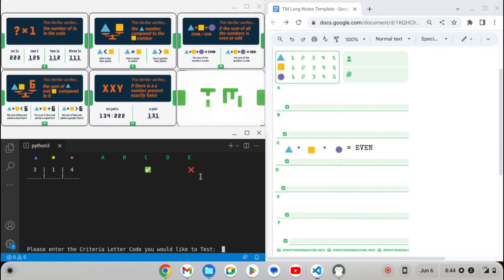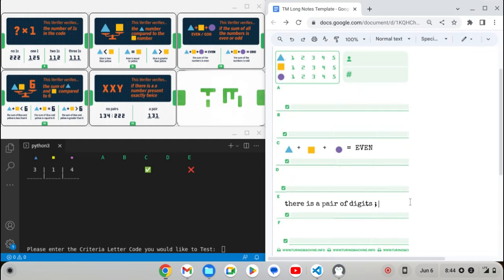Okay, so the Turing Machine does not approve of my proposal. I do have 314. Notice that I have all unique values, so that's under the category of not a pair, and it's invalid. So yes, indeed, there is a pair of digits. So let's go ahead and put that in our notes for section E, that there is a pair of digits.